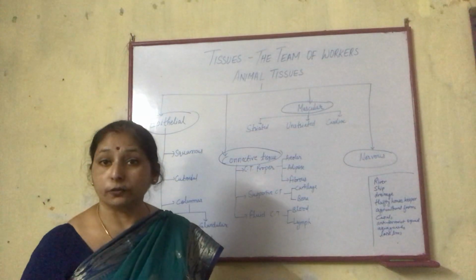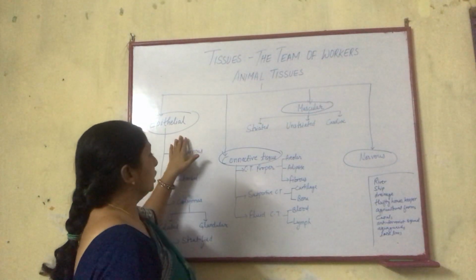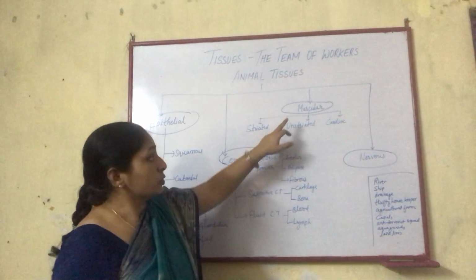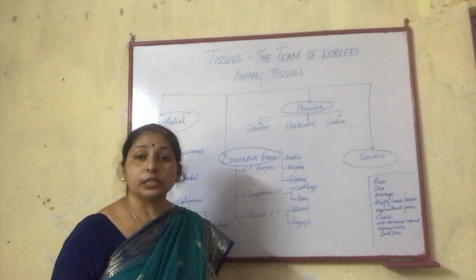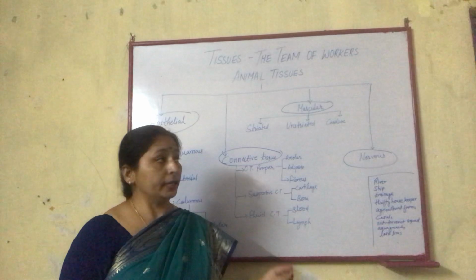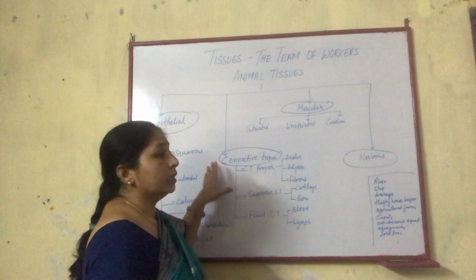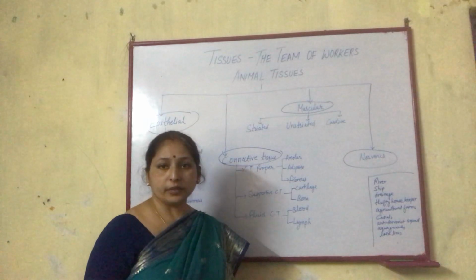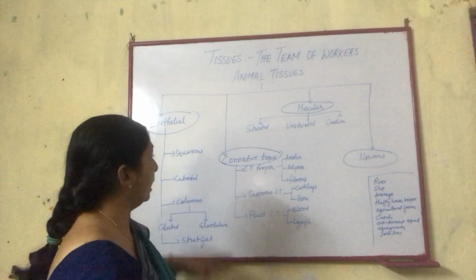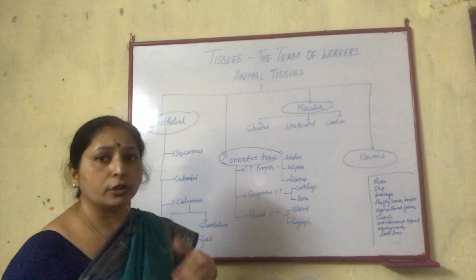Animal tissues are of four types: epithelial tissue, connective tissue, muscular tissue, and nervous tissue. The names are given based on their function and location. Epithelial: epi is for outer.